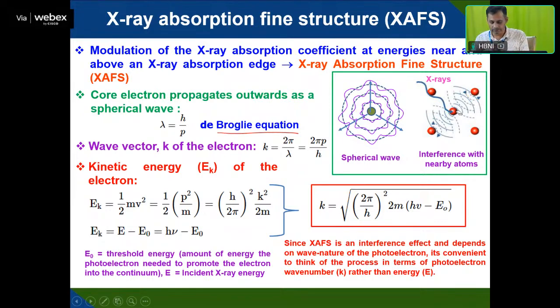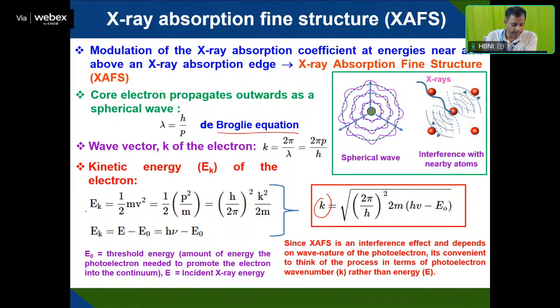Since this depends on the wave nature of the photoelectron, it is convenient to think of the whole X-ray absorption fine structure spectroscopy in terms of the wave vector, the wave number, rather than energy. So we will express the energy in terms of k here.